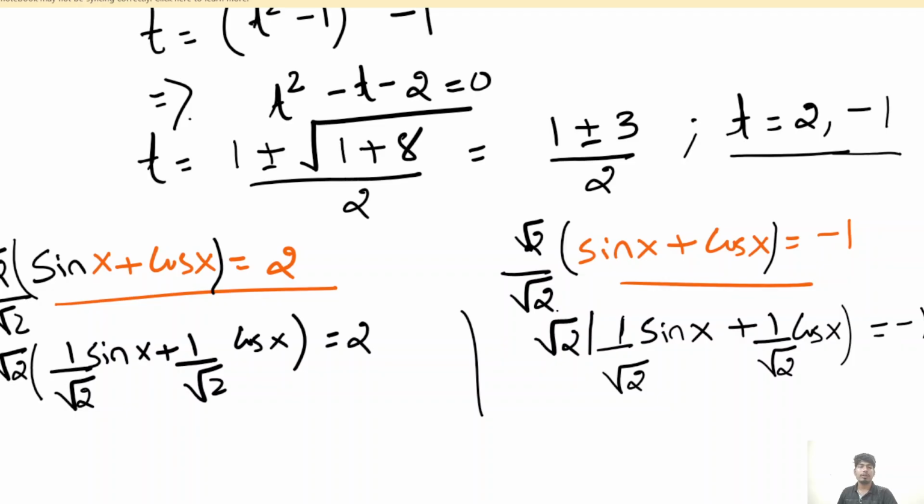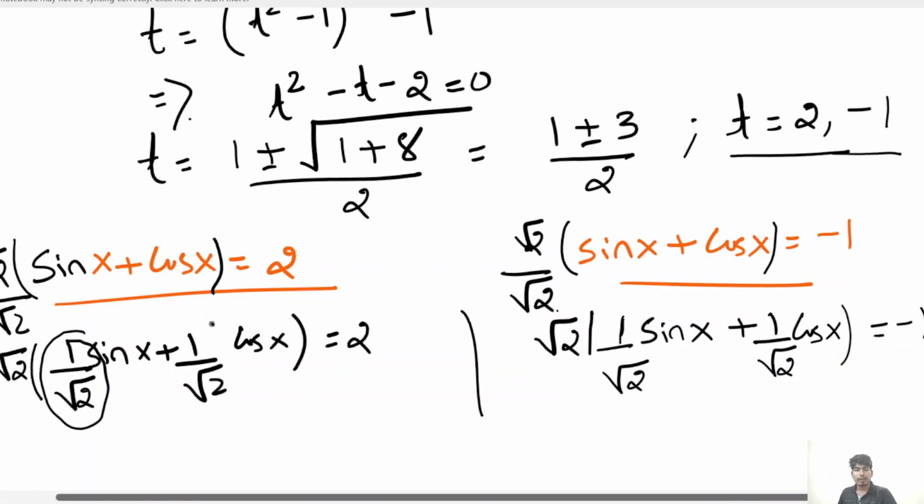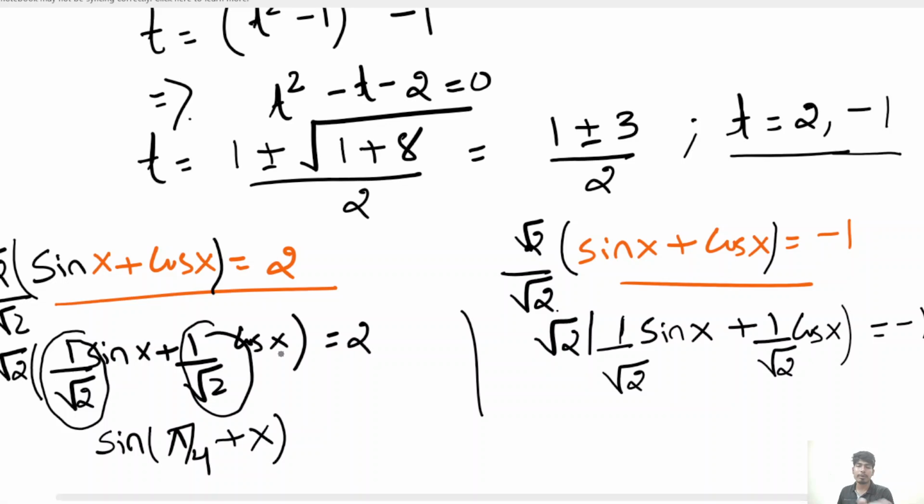If you solve these, put cos pi by 4 and sin pi by 4. Then we get sine of pi by 4 plus x, because cos pi by 4 sin x plus sin pi by 4 cos x is sine of pi by 4 plus x. And this is equal to root 2.